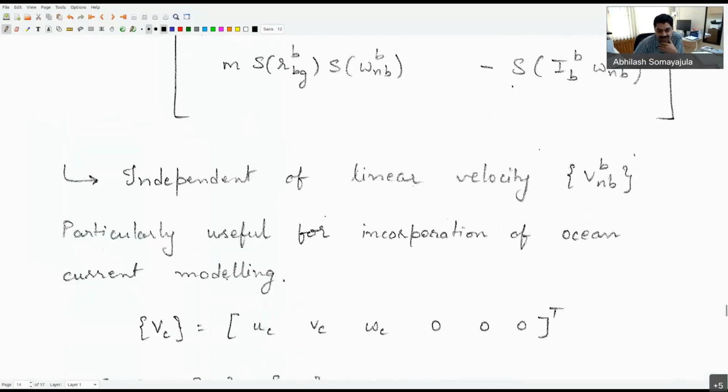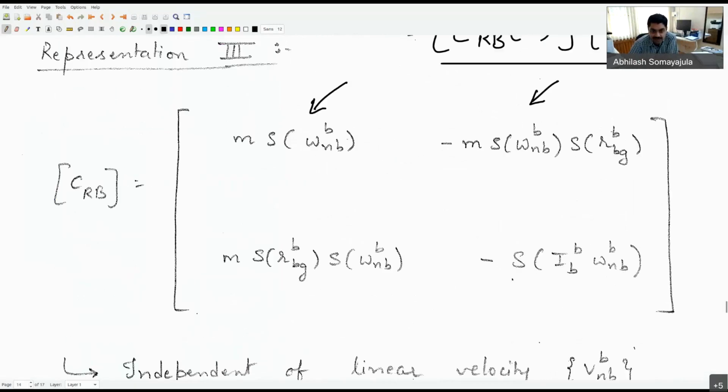So this representation is independent of the linear velocity V and B, and that is particularly useful because if we have ocean currents occurring in the system, then our relative velocity of the vehicle with respect to the ocean currents is what we will consider when we want to consider the hydrodynamic forces.